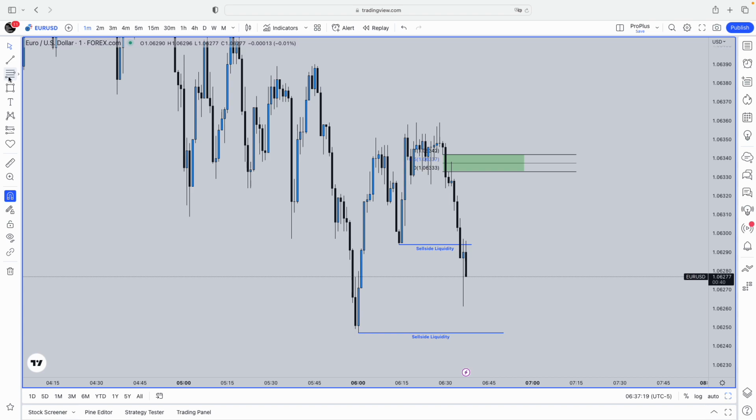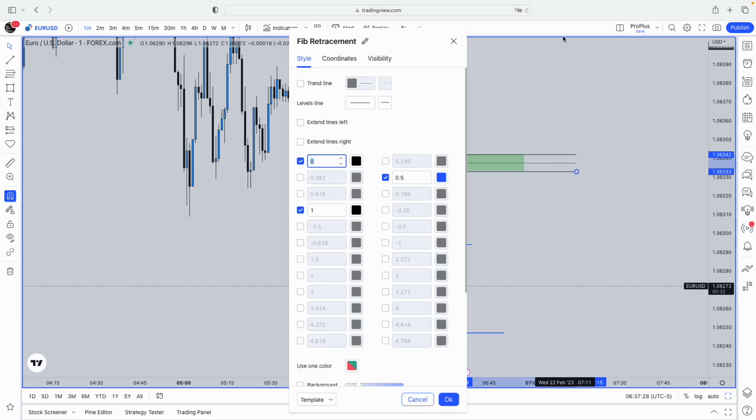I don't want any of these really to get tapped into. Want these to leave open, these fair value gaps, to show that it's very bearish, so it drops down and makes a move down lower.